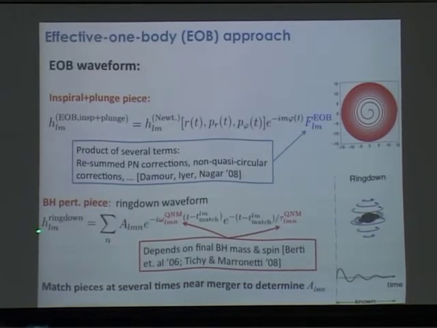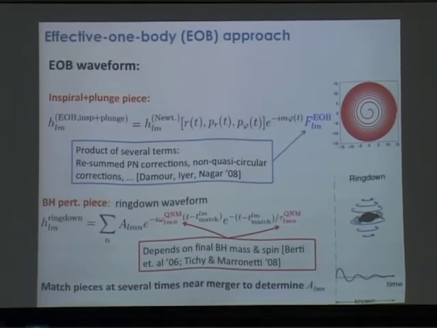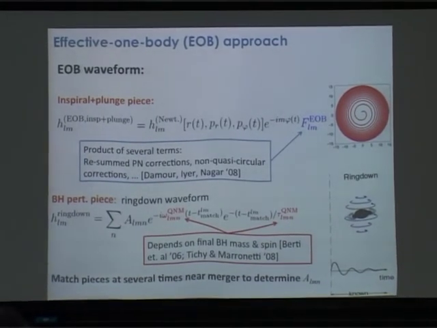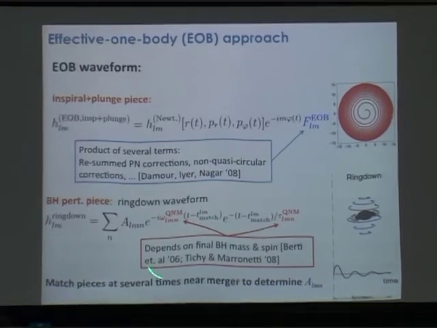and then I need to write down another piece of the waveform, which is just an exponentially decaying sinusoid. I know what these quantities are, these frequencies and these dampening times. These are known from black hole perturbation theory. If I have a single black hole and I perturb it, I can measure these quantities.